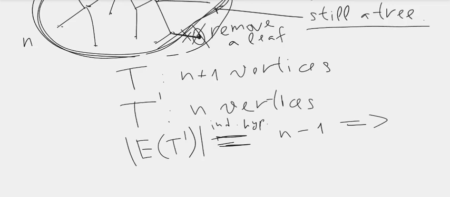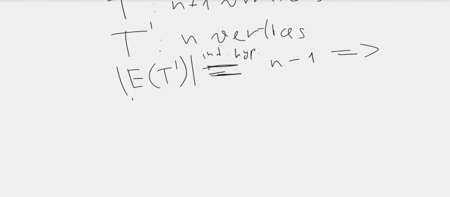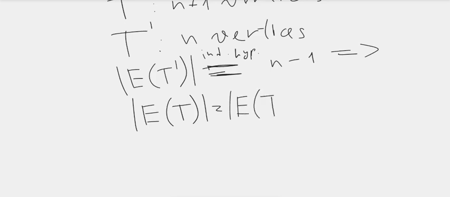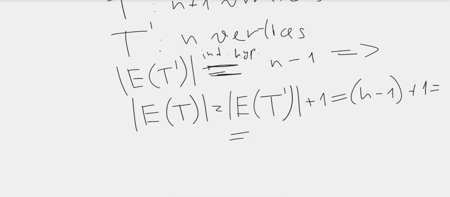Therefore the number of edges in the original tree T is equal to the number of edges in the tree T prime plus 1, which is n minus 1 plus 1, which is n, which is 1 less than the number of vertices in T. And this concludes the proof.